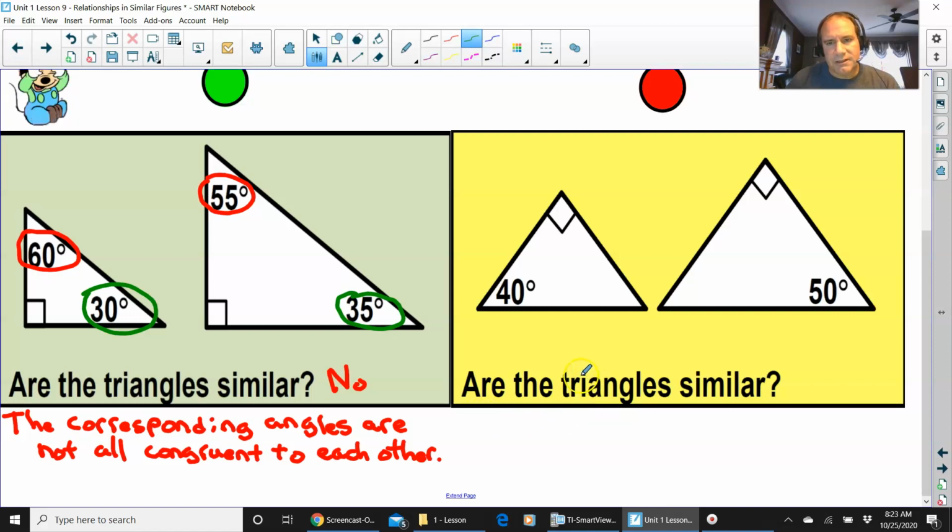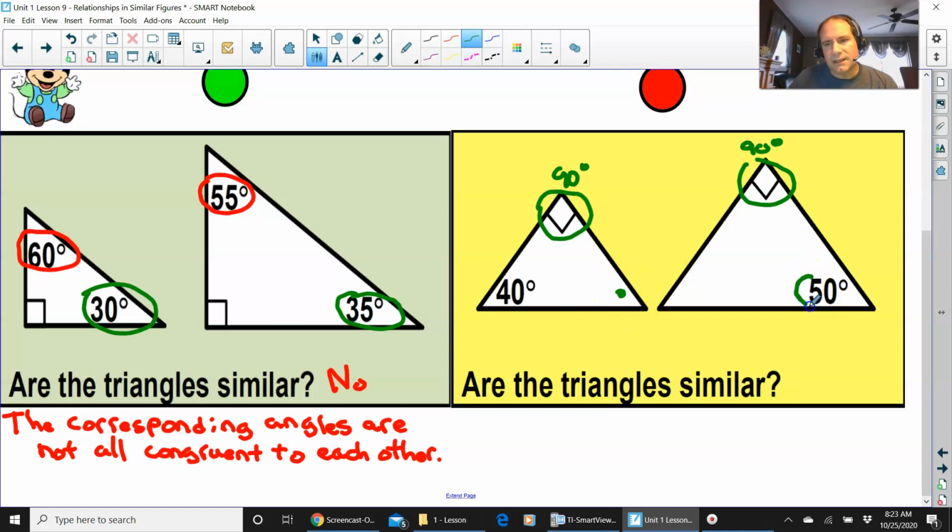Hopefully you moved on to this next one. Are the triangles similar? Right now I cannot put an answer down, but I could circle the corresponding angle here and the corresponding angle here, and you know that those are 90 degrees each. Now, do you see this angle here? Where is the corresponding angle located in the other triangle?